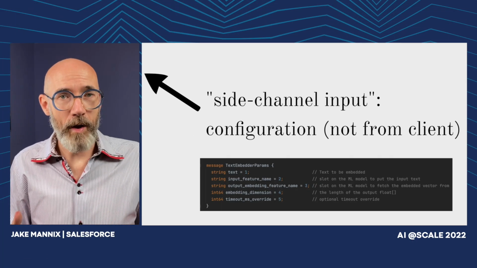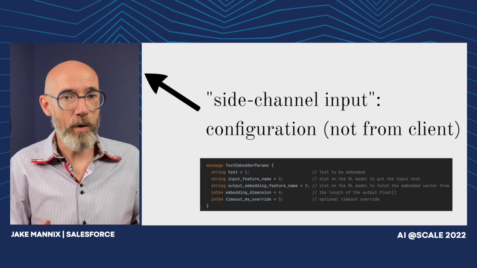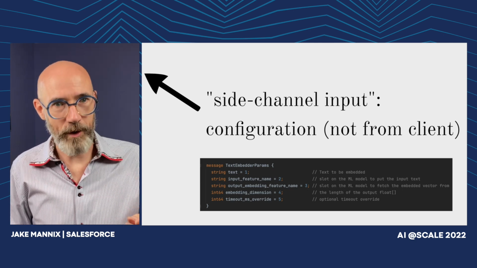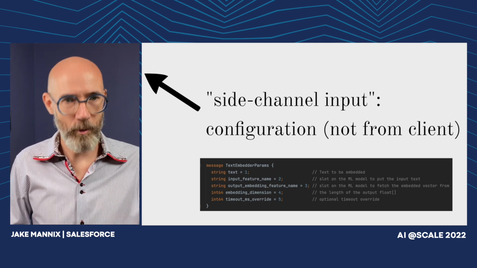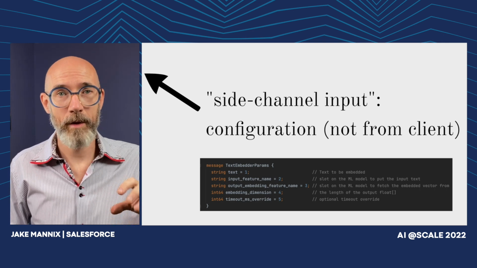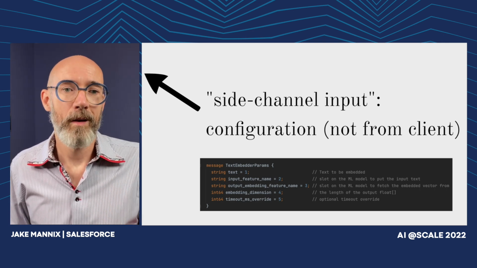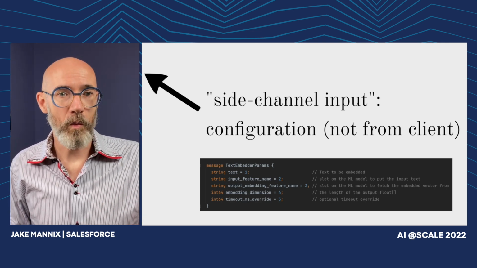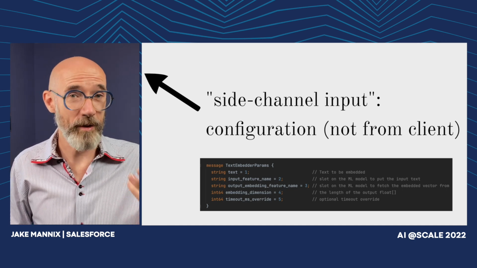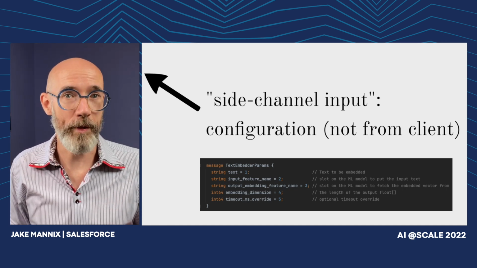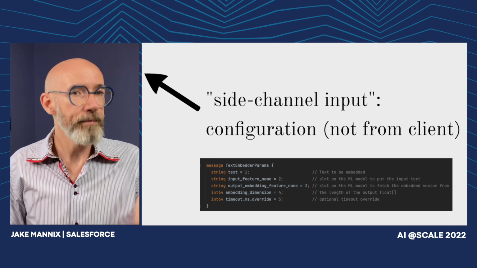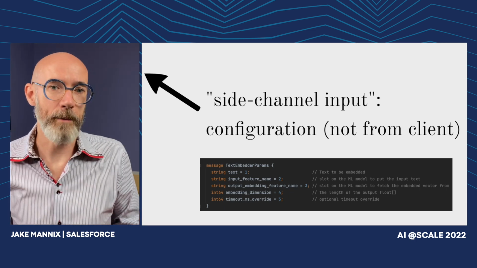From the perspective of the text embedder node, it knows it needs text input, input feature name, output feature name, and embedding dimension. That's what it needs to execute. The fact that one came from the client and three of them came basically as config, which a model already knows what they're supposed to be, is irrelevant to it.